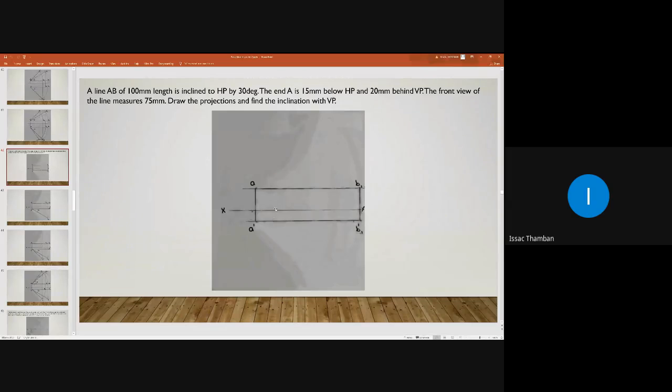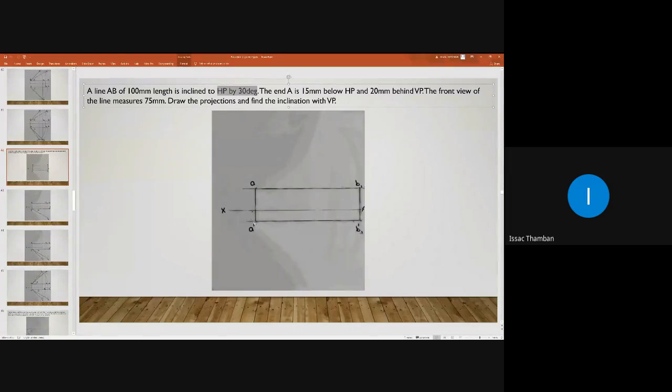So proceeding. After marking point A, we assume that the line is parallel to HP and VP. Here the true length of the line is given. True inclination of line with respect to HP is given, that is theta is given. So initially we will assume that the line is parallel to HP and VP.